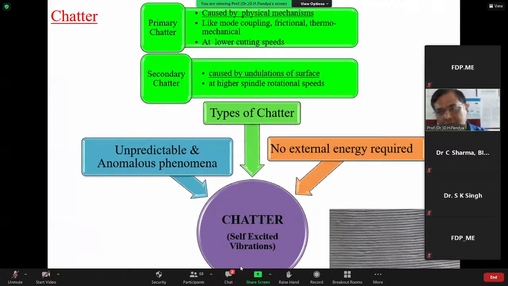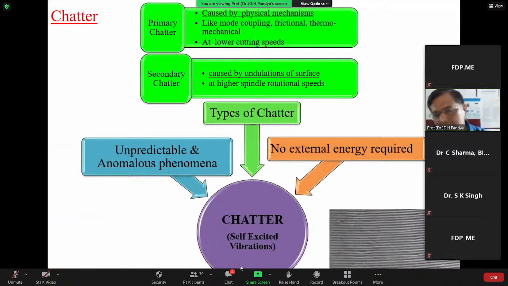So the chatter is also measured as waviness, with our metrological equipment, and then we can go further for the diagnosis and reduction of chatter. If I am concluding what chatter is, I have created this one picture here.